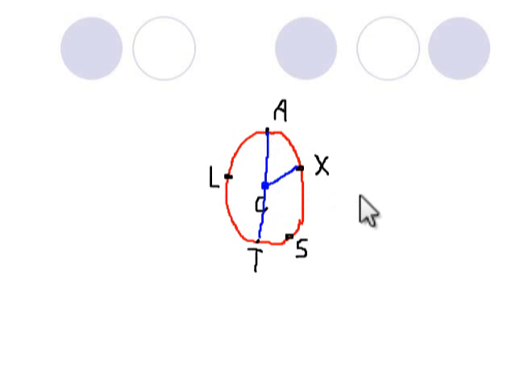The next thing we want to look at is a central angle. A central angle is an angle whose vertex is the center of the circle. So ACX is an angle. Its vertex is in the center. So ACX or XCA would be a central angle.